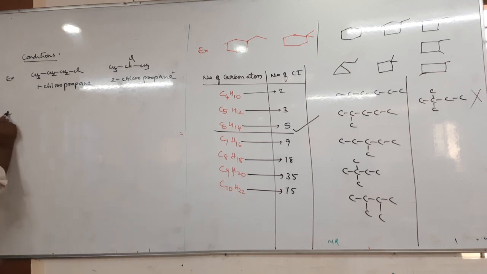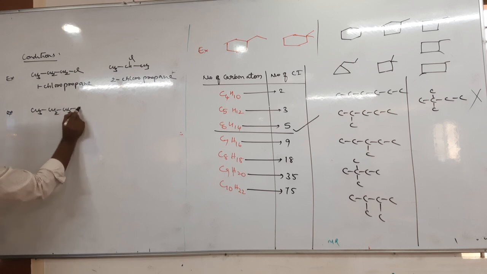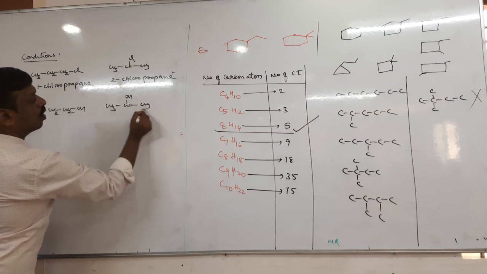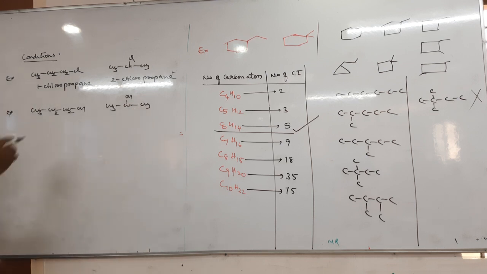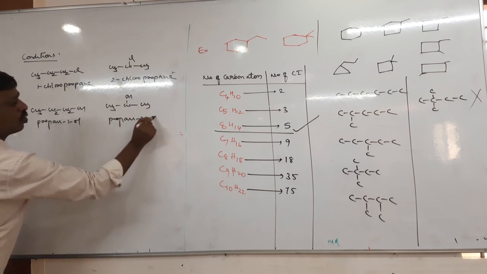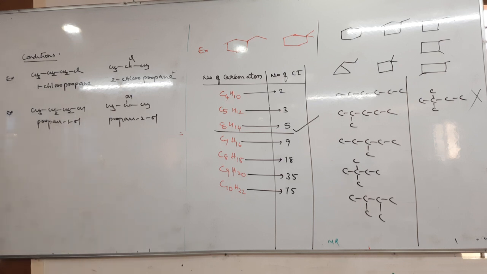Similarly, if there is a functional group, for example, let us take the alcohol group. Tell me, it is propan-1-ol, propan-2-ol. So propan-1-ol, propan-2-ol, again they are examples for positional but not chain, because chain is the same. Okay, next.